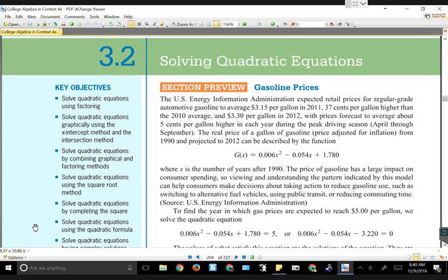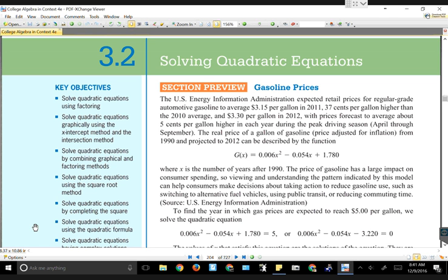Now it says the real price of a gallon of gasoline adjusted for inflation from 1990 and projected to 2012 can be described by the function. Now, when you're going through and reading that, there's a lot of stuff there. It's confusing. Well, what do they mean? What are they talking about? Simplify. Okay?